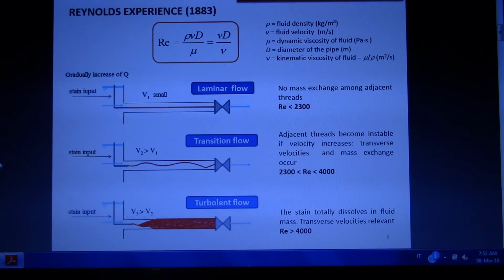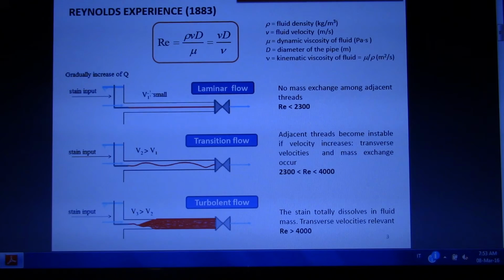In 1883, Reynolds conducted an experiment to define three different kinds of flow. Basically, he put a stain inside a tank full of another liquid like water, and he gradually increased the volumetric discharge of this stain, so basically it increases the velocity of the stain.